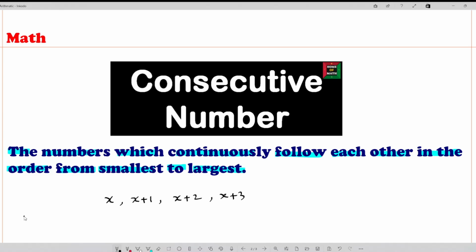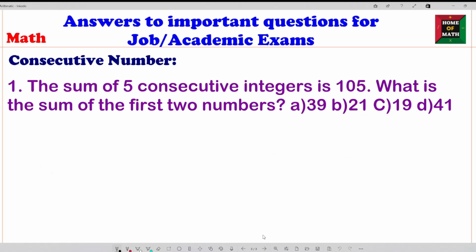So if x equals 1, the first number is 1, then 2, then 3, then 4. These are consecutive numbers. In this video we are going to solve lots of math problems which will help us for jobs or academic examinations. Now let's start.